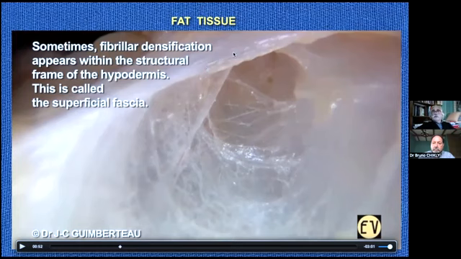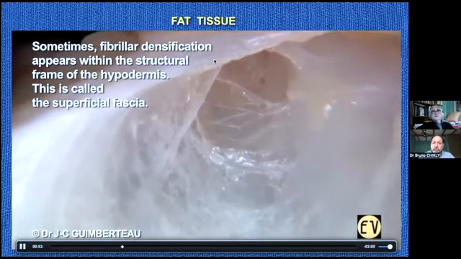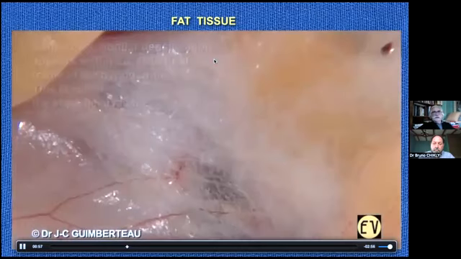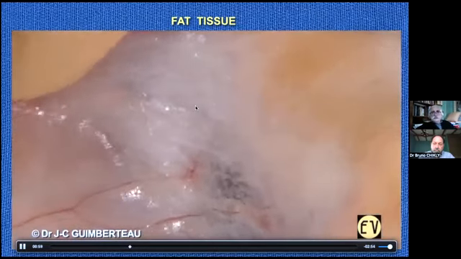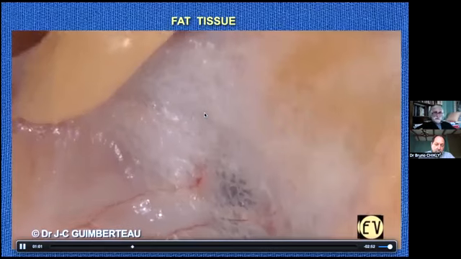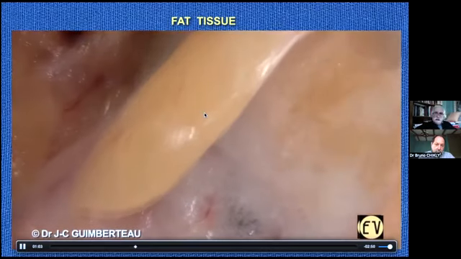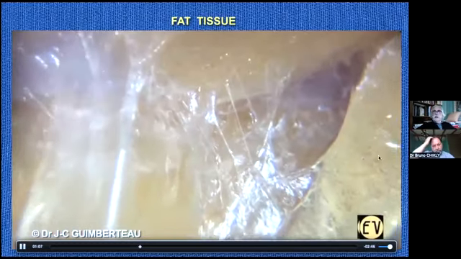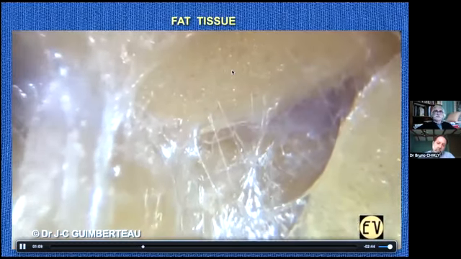But for example, at the level of the face, you can't find fascia superficialis. It's not an anatomical constant. And now we are inside the fatty tissue, inside the hypodermis, we can see fatty lobules here.